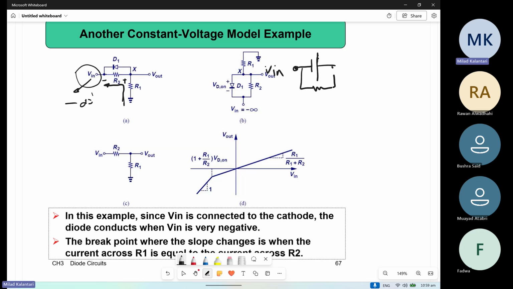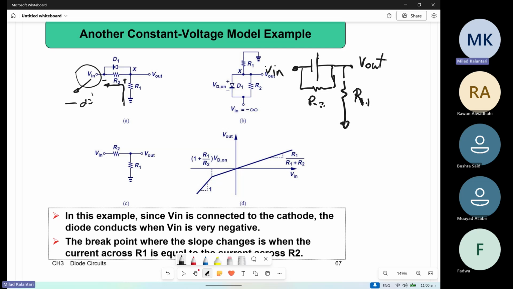Does it matter whether the R2 is here or not for us? Here is R1, and here is Vout. So how is the Vout with respect to Vin? If you know Vin, you know Vout.